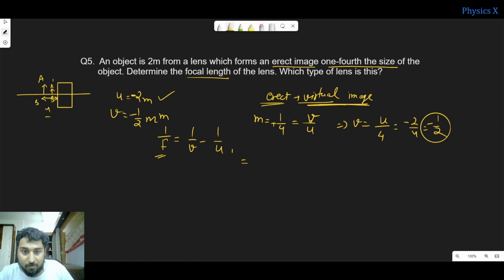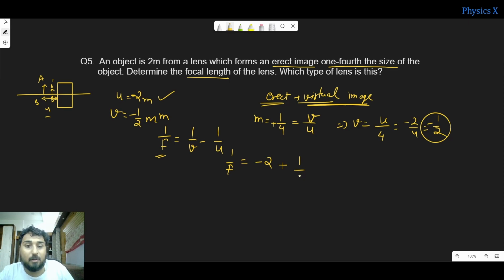Now we will be finding the focal length. So 1 by f is now equal to 1 by v, which is minus 1 by 2, and minus of minus will become plus, 1 by 2.